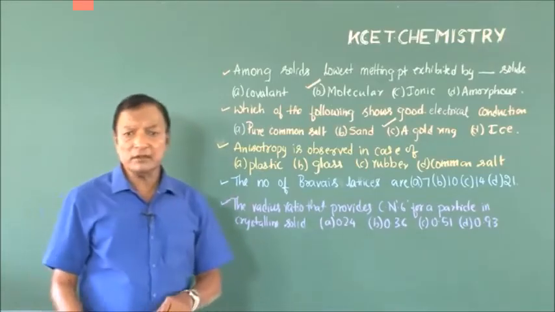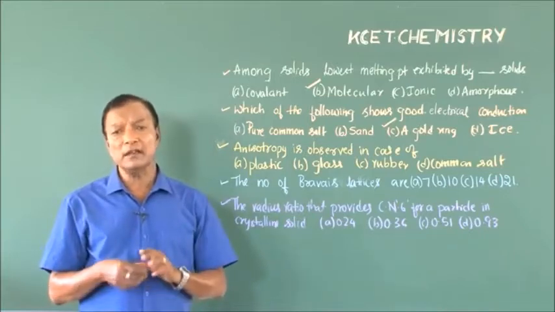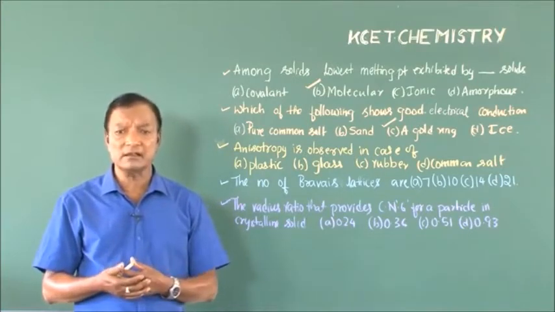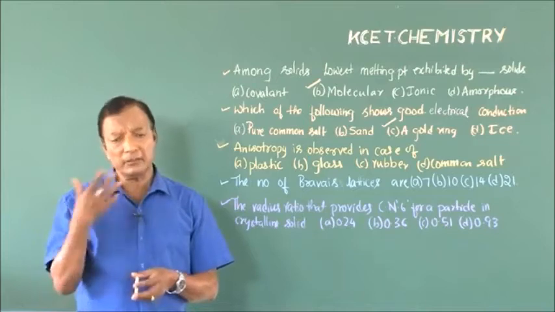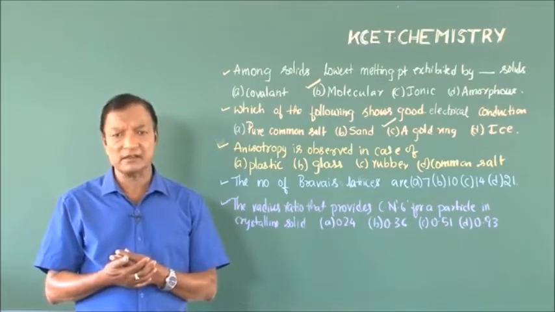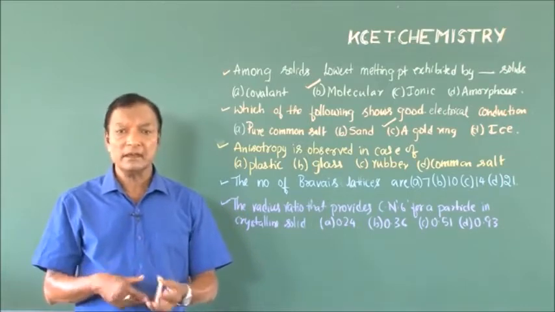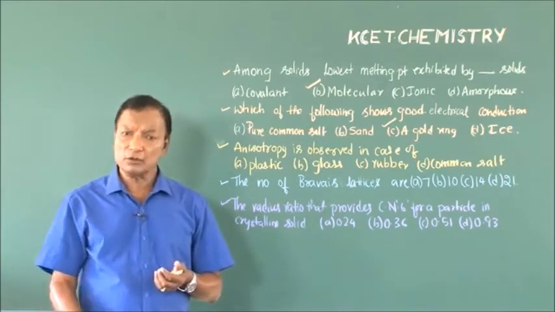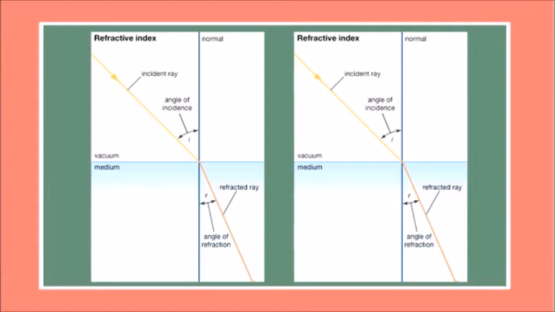In the next question, one more property that we see in the crystalline solids is anisotropy, a very peculiar and characteristic property of the crystalline substances. In this, some of the physical properties, not all, like the refractive index, when measured in different directions, the value of this property will be different according to the direction we select.